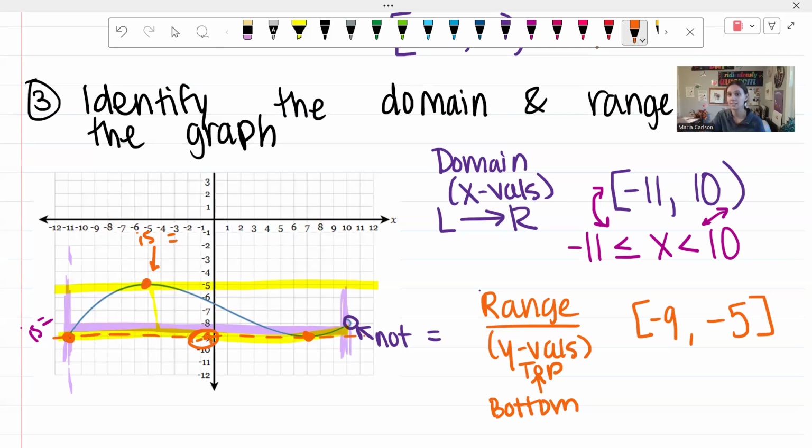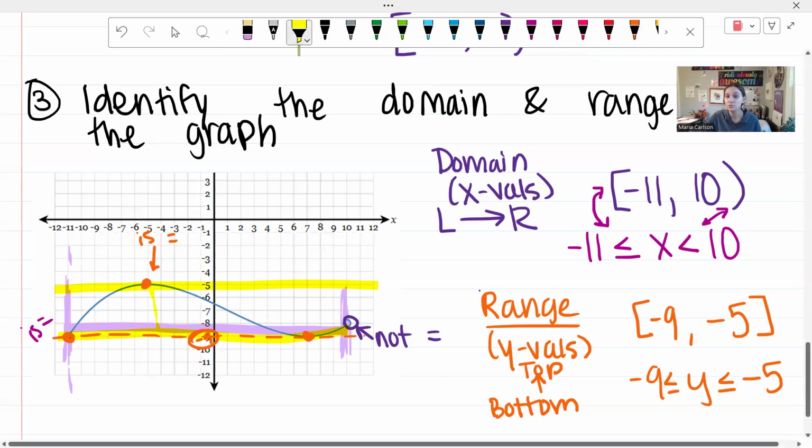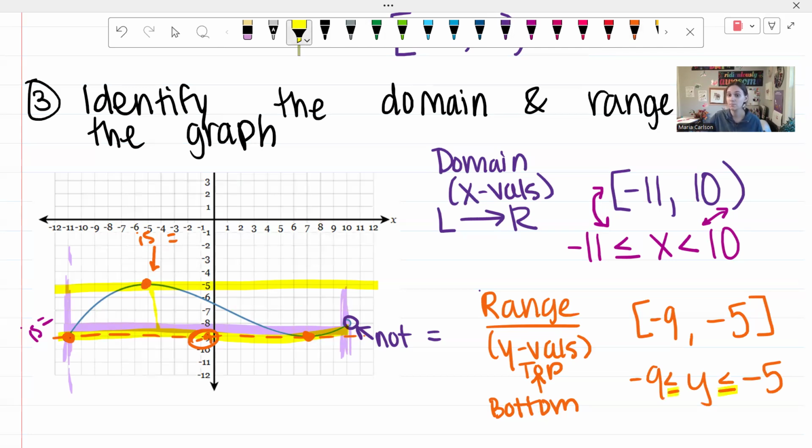So I will use brackets on both endpoints in the range. And then I could also write this as all of the y values between -9 and -5. So -9 is less than or equal to y, which is less than or equal to -5. Notice that I use the or equal to in both because it is equal to both of those values. I do have both of those values for real in our range.